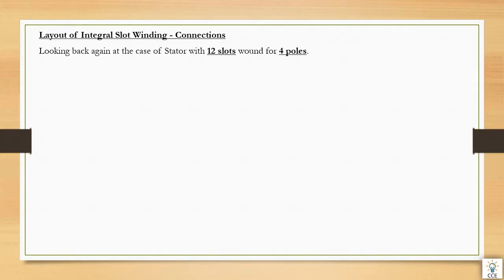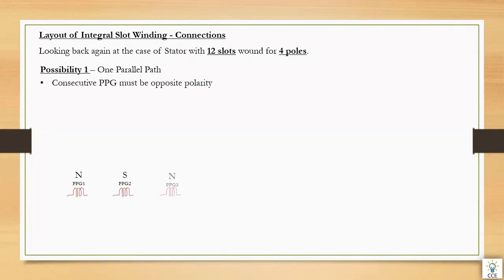Now we again look back at the case of the 12 slots and 4 pole machine, and we target the one parallel path case. So what is the first thing that we do?